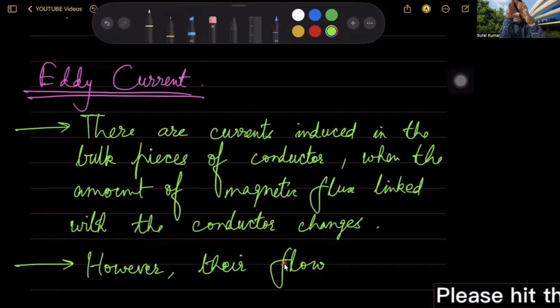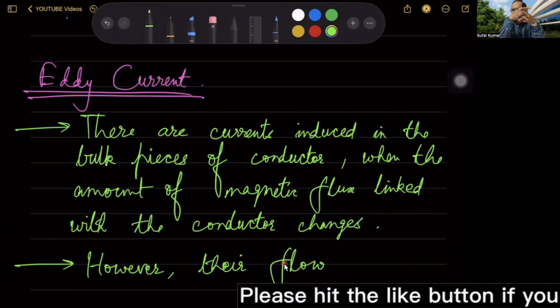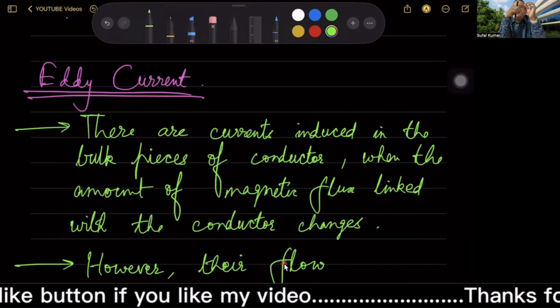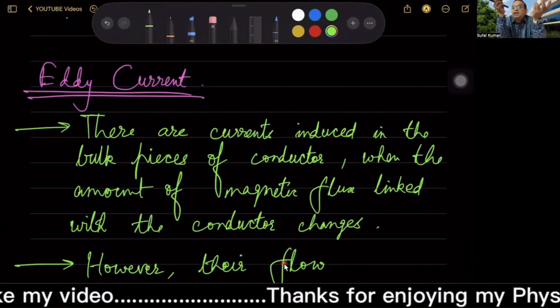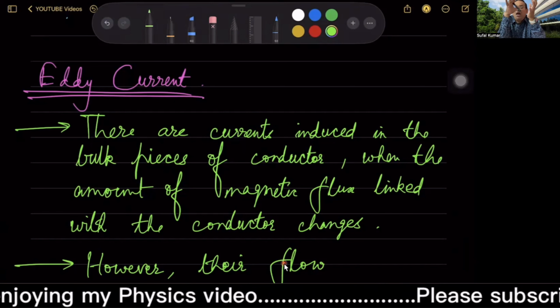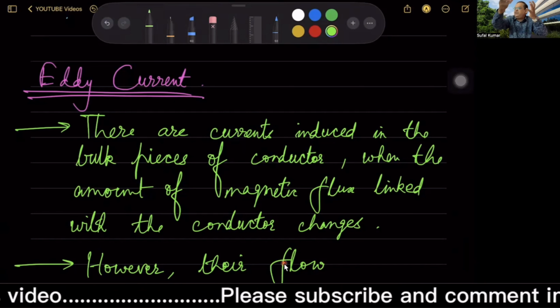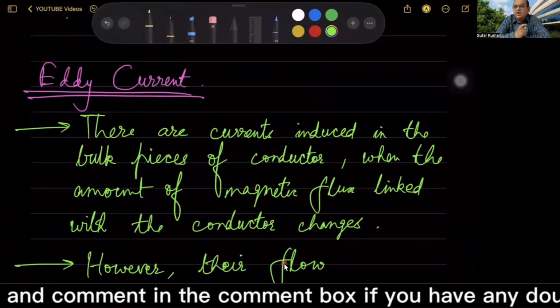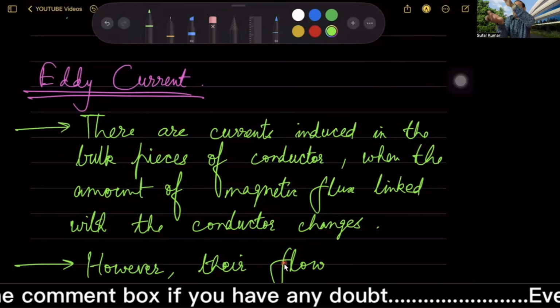Earlier, any type of induced current we had in our discussion, we had always in the form of current in the conductor, that is linear conductor. But now we'll have proper wavy current in the form of circular waves in solid bulk piece of conductor.